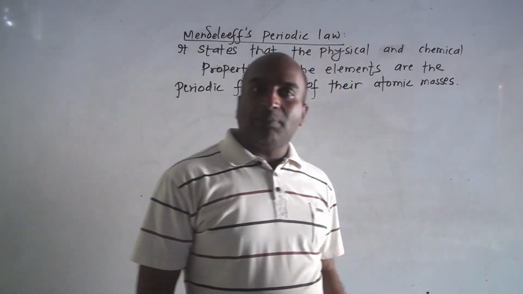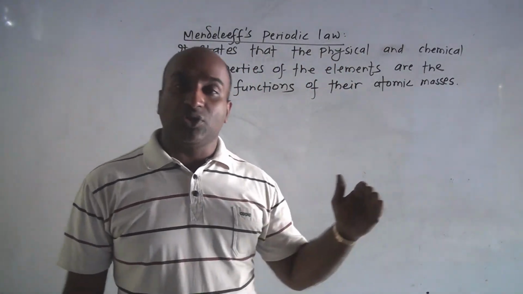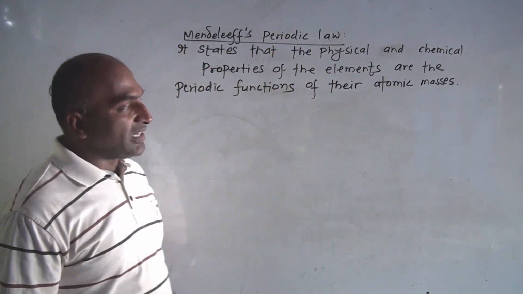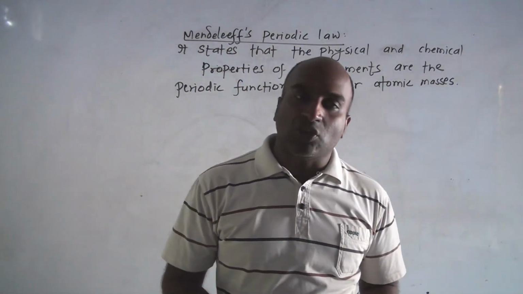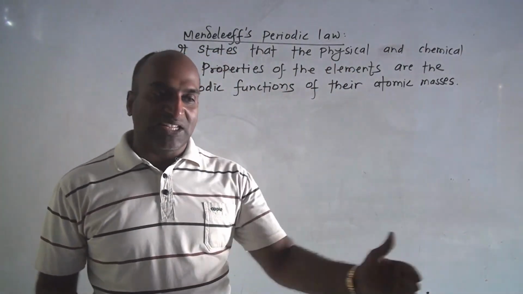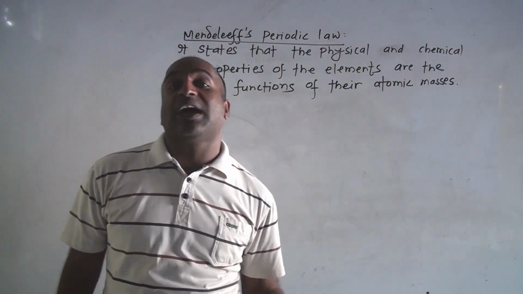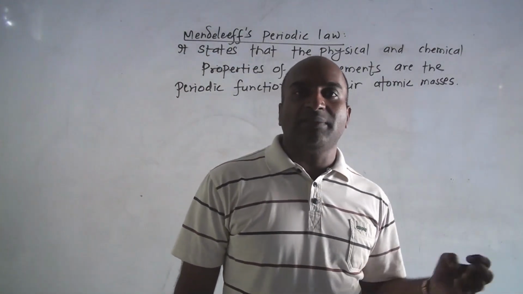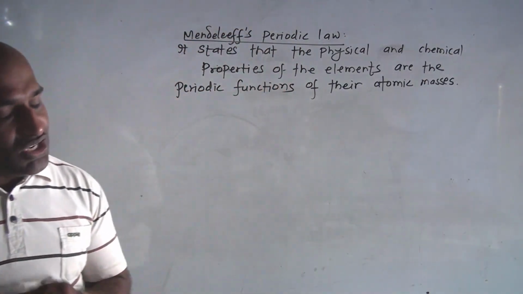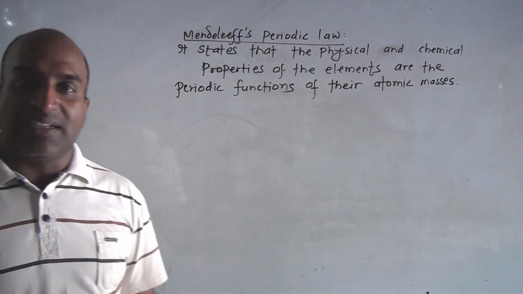In that periodic table, there were several demerits. The position of hydrogen was controversial, and the positions of isotopes were not given. In some places, elements with higher atomic weights were placed before elements with lower atomic weights. Some chemically similar elements were separated.